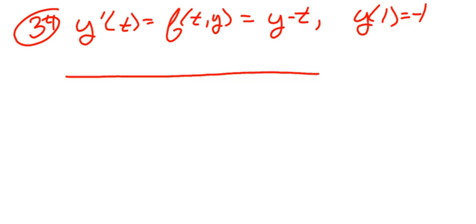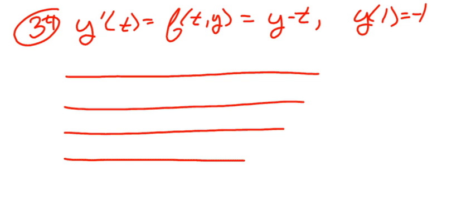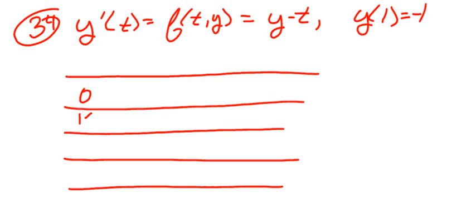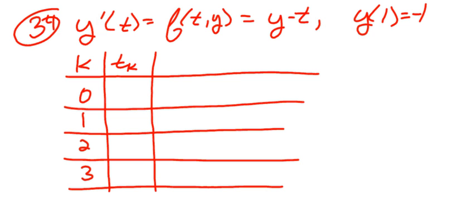So if I have this chart, let's start with 0, 1, 2, and 3. So these are the k's I want to start with. And these are the t sub k's that I want to do next. They're telling me 1, 1.25, 1.5, and 1.75. So this is definitely given to us.